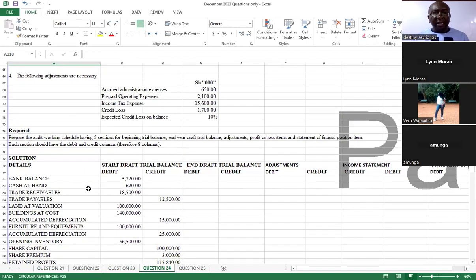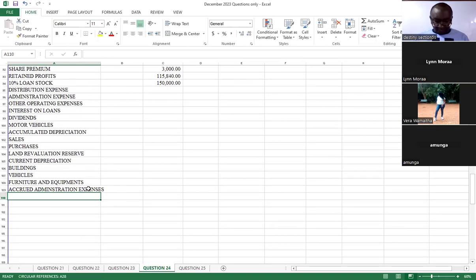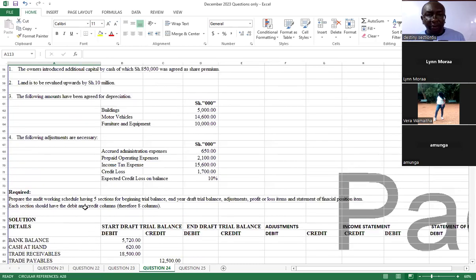Then prepaid operating expenses. Prepaid other operating expenses. Then we have who else?